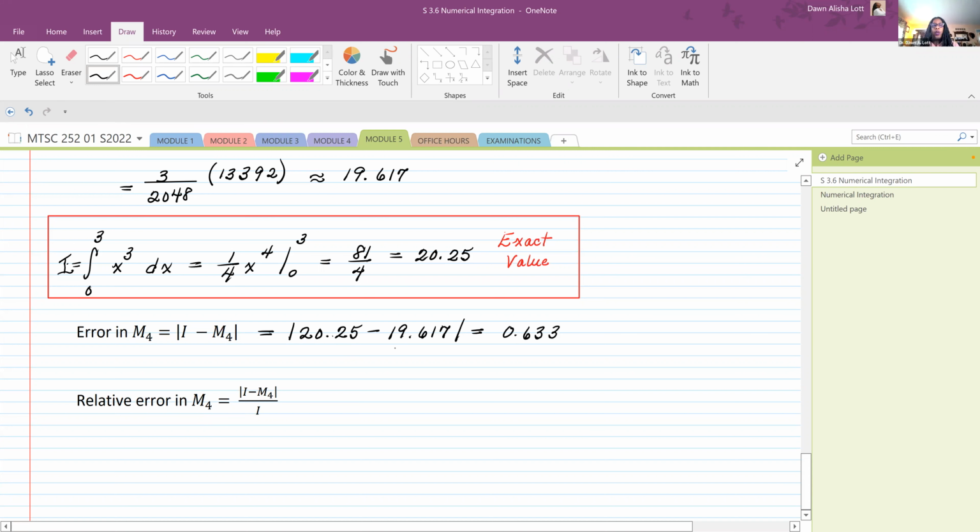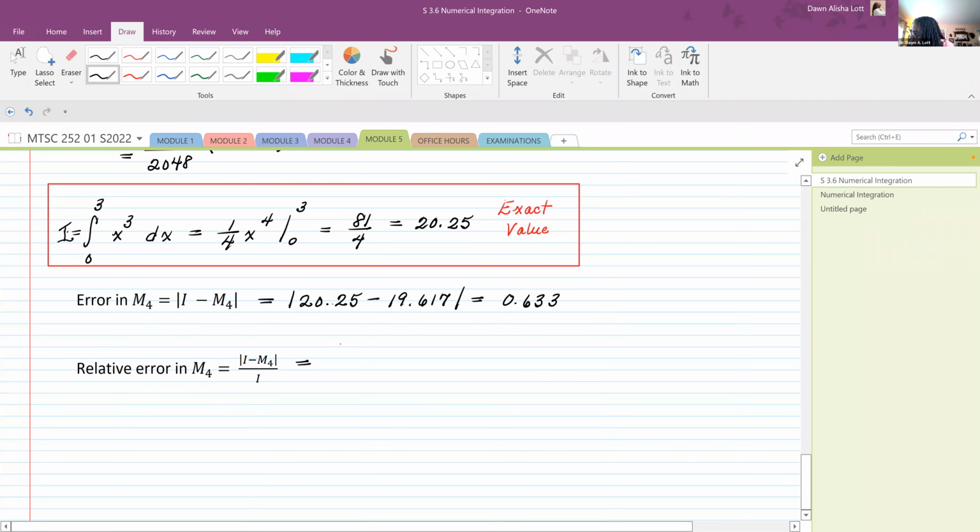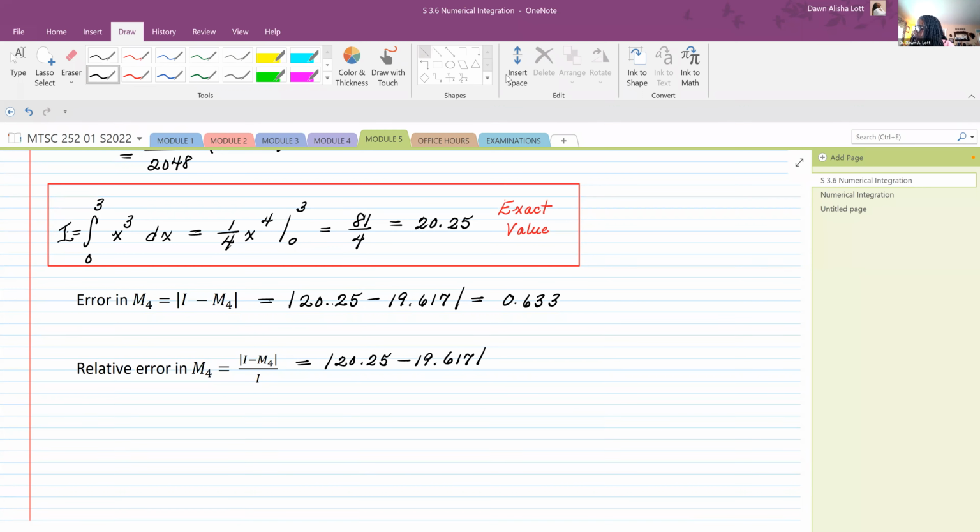Now, that's how far we are away. The relative error is a better approximation. It gives you a percentage off of what you really are. So it says to take the absolute value of 20.25 minus 19.617 and divide that by the actual true value.